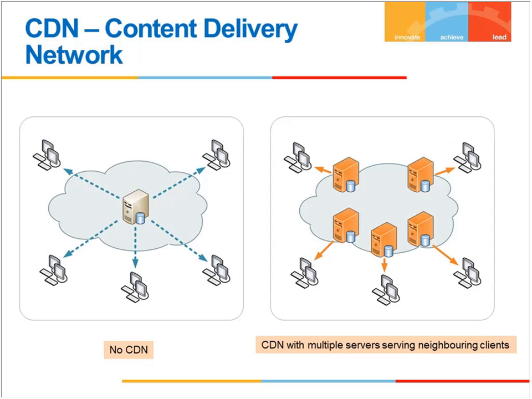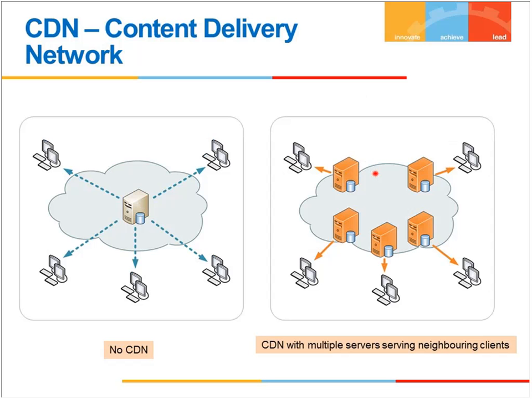Instead of having one YouTube server for the whole world, where all the requests come in, they have multiple servers, and each server will have copies of the same videos, or at least all the popular videos. If I am a requester from India, I will be directed to the server closest to India, and my streaming will happen from that particular server. Similarly, if I am in Australia, it will be Australia, or the US.